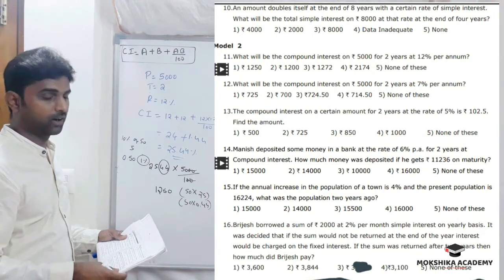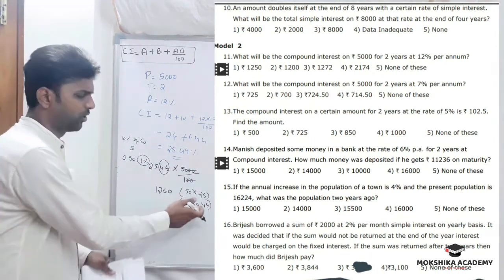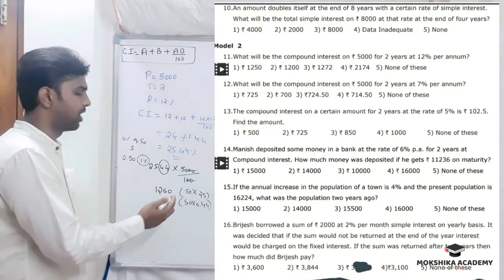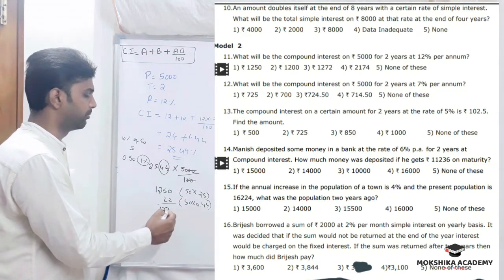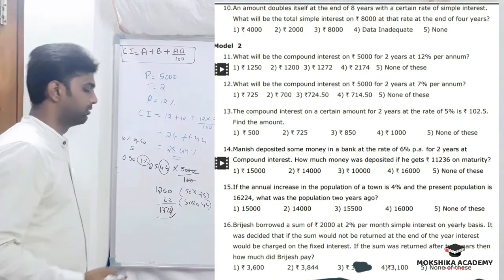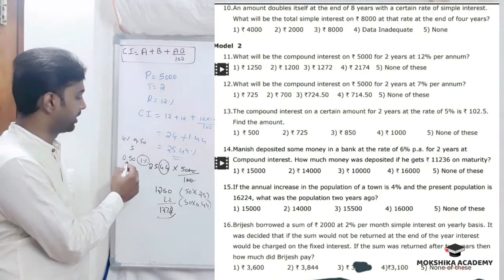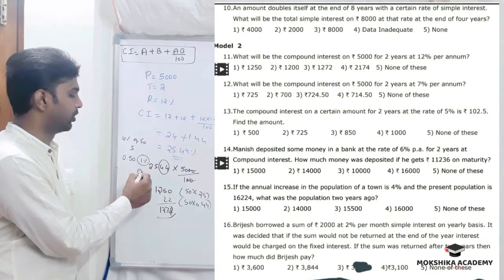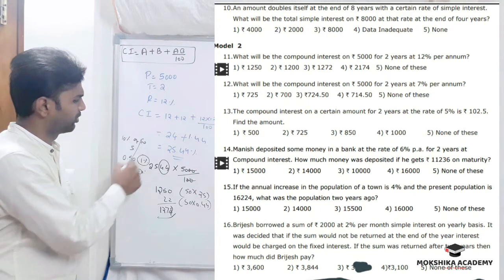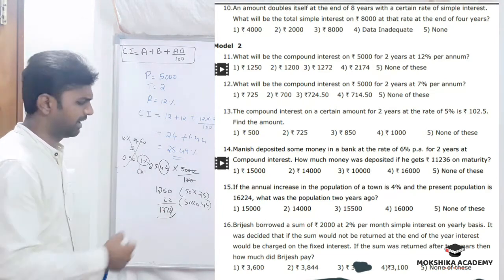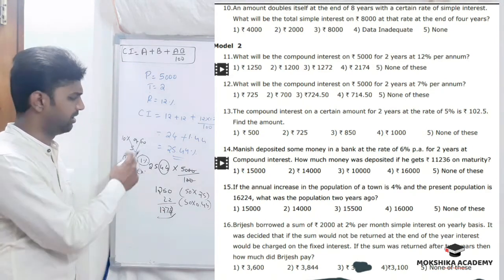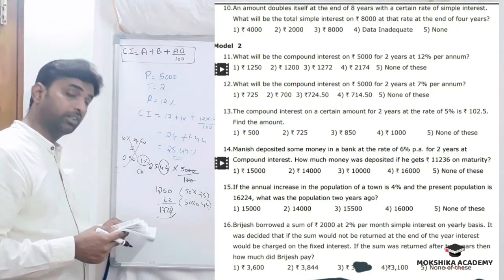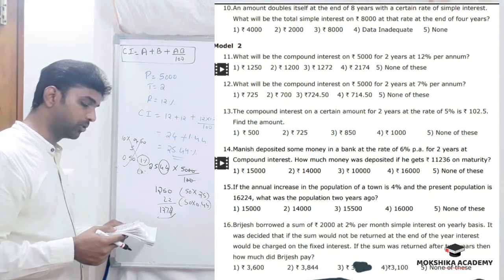So the answer may come around 1272. Here also you can get the same answer. Otherwise you have to deduct the 0 somewhere, so this will be messy. You can directly go by this way also, you need not do all this. So the answer is 1272. That is third option.